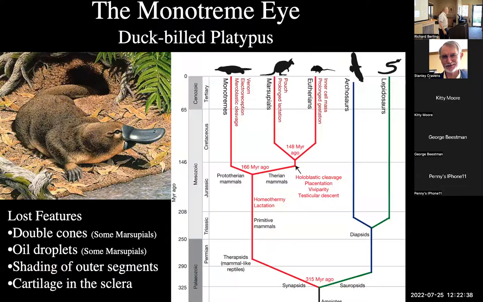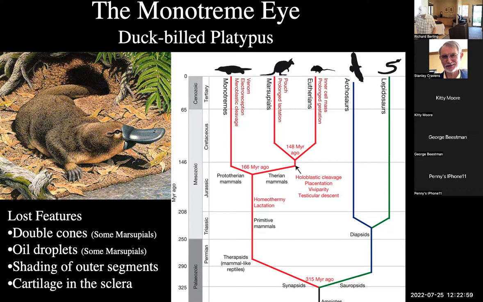Next. So now we're going to fold in the duck-billed platypus, and like I said, we now have echidna eyes, and so these are some features that we will see in the duck-billed platypus eye. They now have double cones.